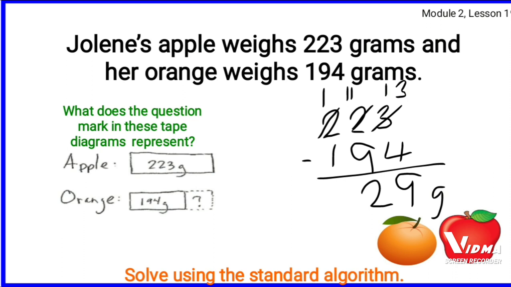The apple is 223 grams, the orange 194 grams. But do you see a broken part? What addition to the orange makes it the same size as the apple? How can you get that number? It's simple. Subtract 194 from 223. Look at my working. The answer is 29 grams.